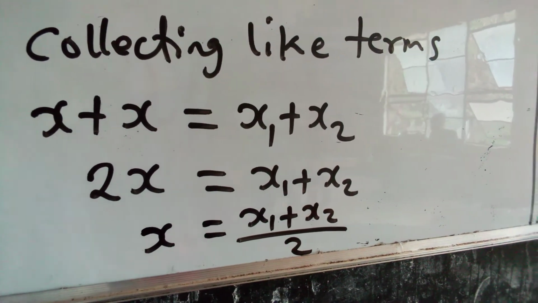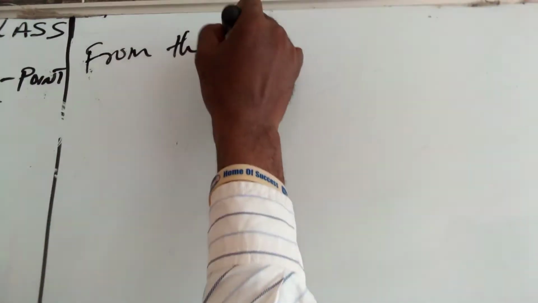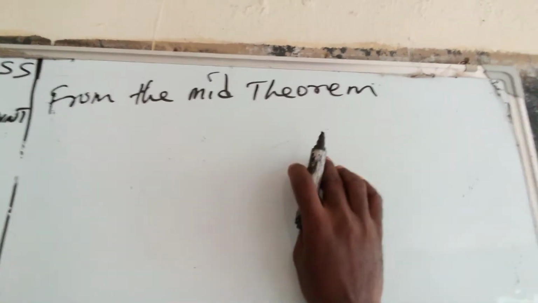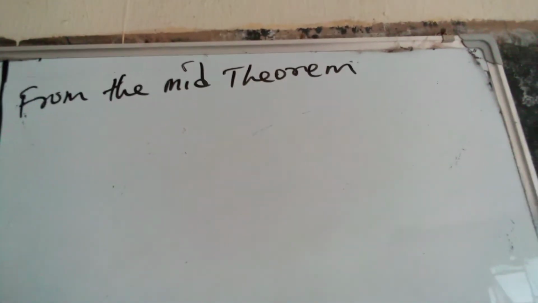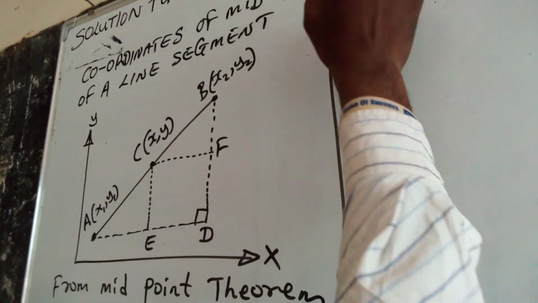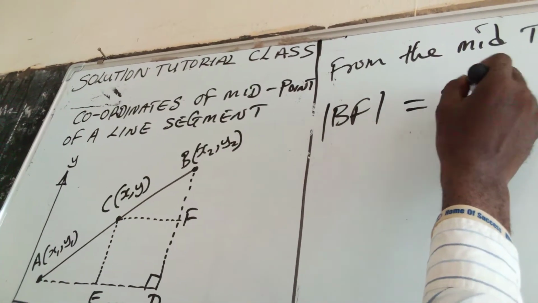So we are also going to say, from midpoint theory again, we will now move along the y-axis. We can conclude that line BF will be equal to line DF.